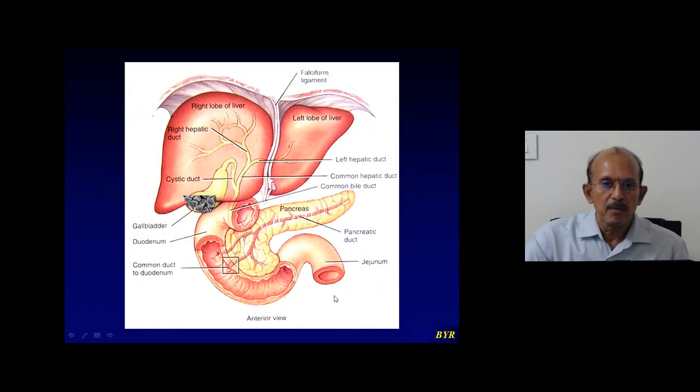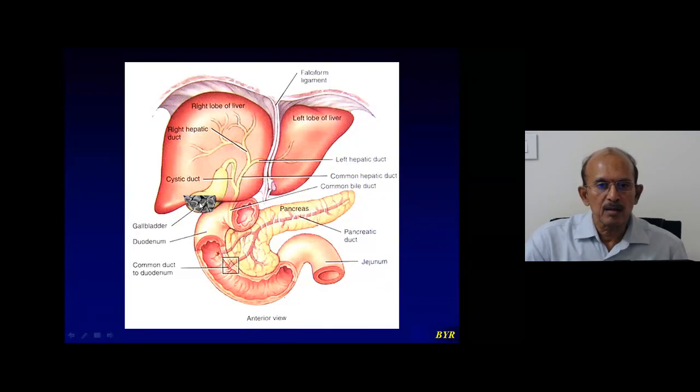How does this activation take place if there are gallstones in the gallbladder? One of the stones may come and impact in the ampulla of Vater. We have seen the terminal common bile duct joins with the main pancreatic duct. They have a common channel.